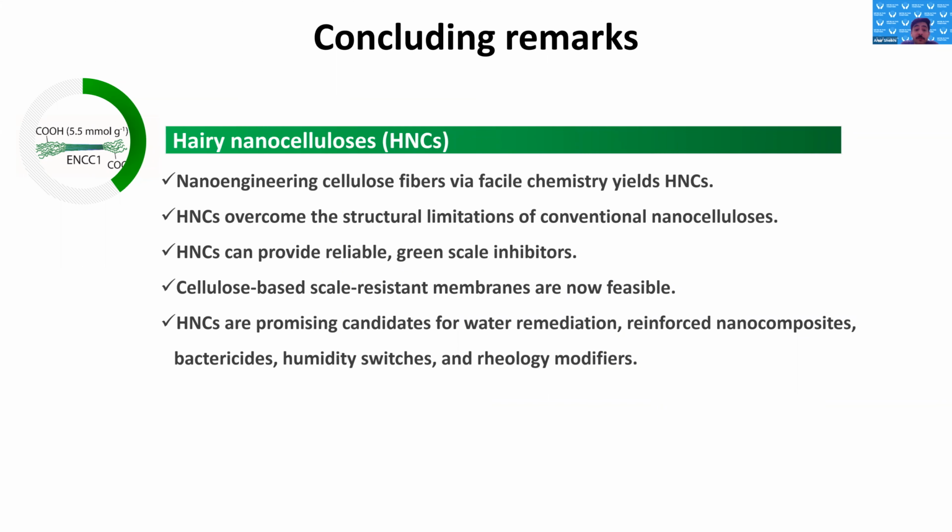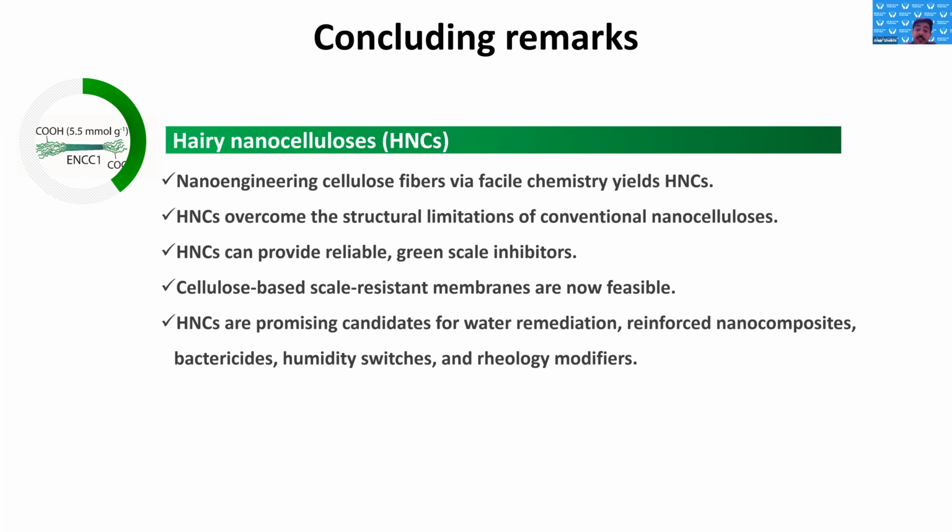So to conclude, I would like to say that nanoengineering cellulose fibers can be obtained via facile chemistries that I showed you to produce hairy cellulose nanocrystals, which overcome several limitations of conventional nanocelluloses, providing a green platform for a broad range of industrial applications, some of which I mentioned today very, very briefly in this talk.